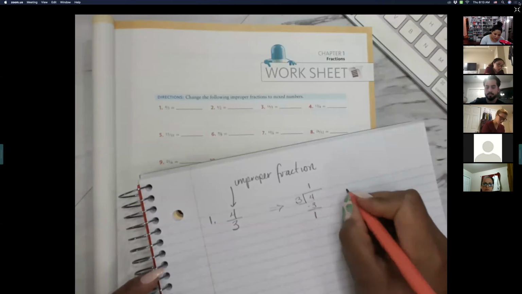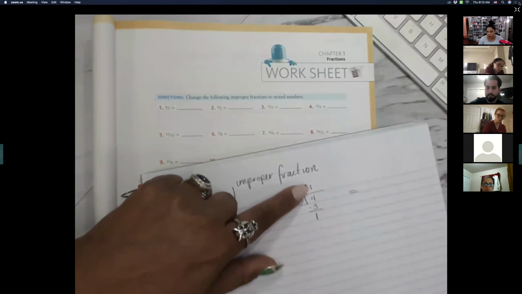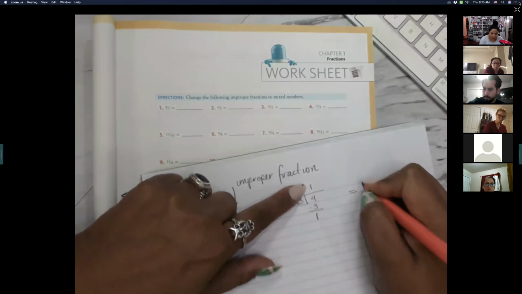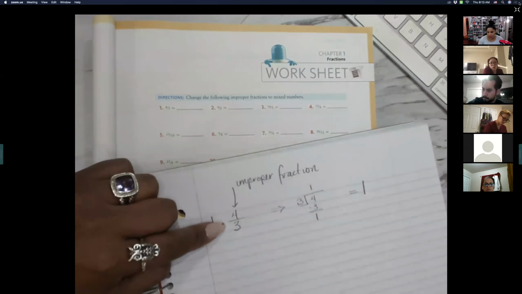So our mixed fraction is the whole number. What we got up here when we worked out our long division, the whole number goes in front. We always keep our denominator.